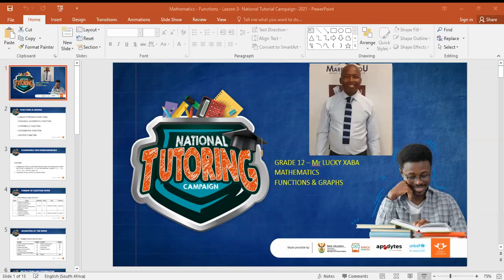Let me get a clean sheet to work on. The area of a trapezium in our case is going to be a half.